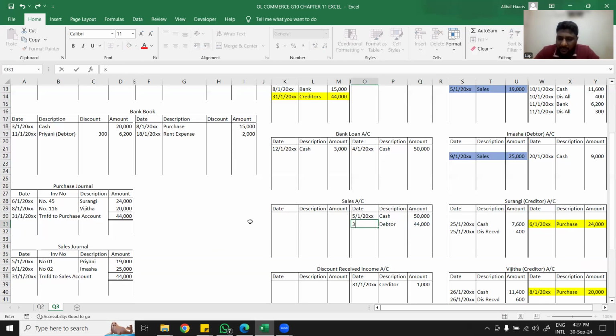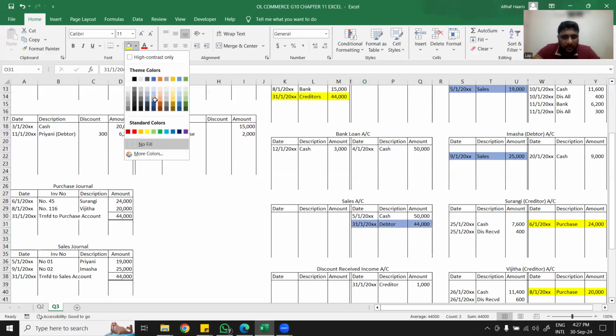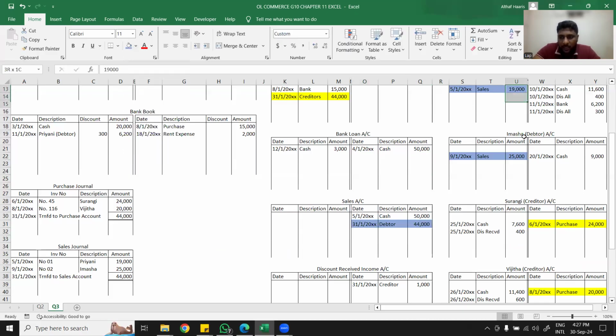You have to take it to the last date. When you are taking the totals, the total should be taken for the last date. Now you see it is matching nicely. Here 44,000 debit side, here 44,000 credit side.